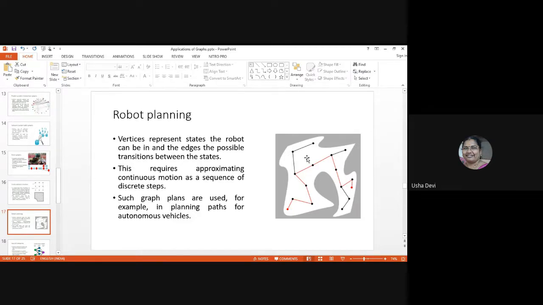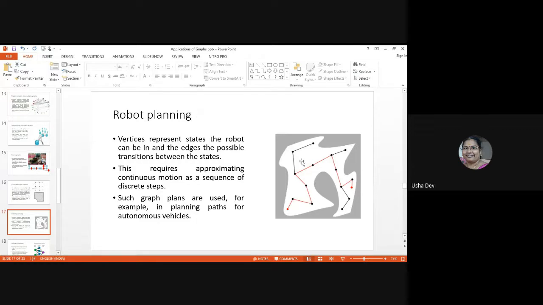In that case, it moves from one state to another state, and within a certain region it has to take so many transitions. That kind of robot planning also makes use of graph applications.